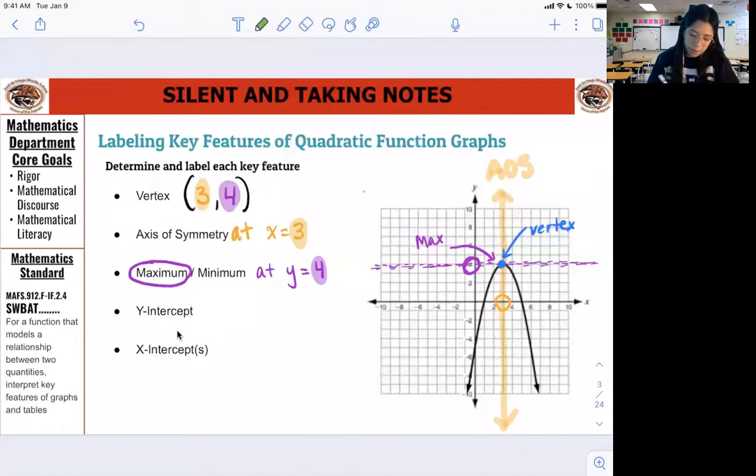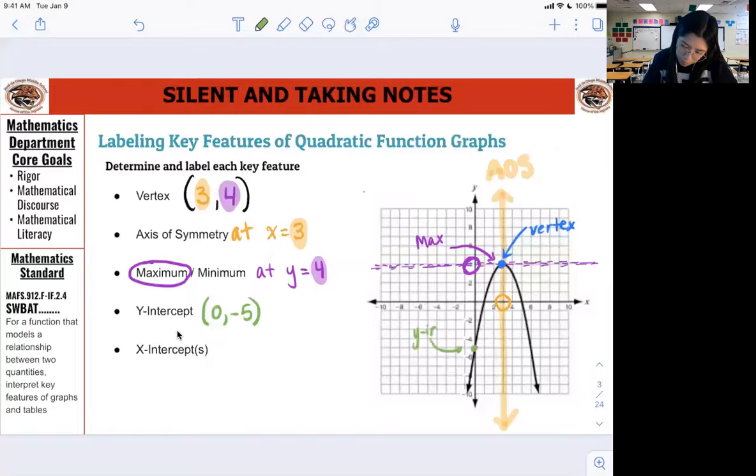Now, with the y-intercept as well as the x-intercepts, just be careful. I want to know the full coordinate point because if you just say -5, I don't know where that's going to be. Is it 0, -5 or is it -5, 0? So if you just say -5, that's okay, but just make sure going forward that we're being very specific. So it's at 0, -5 right here.